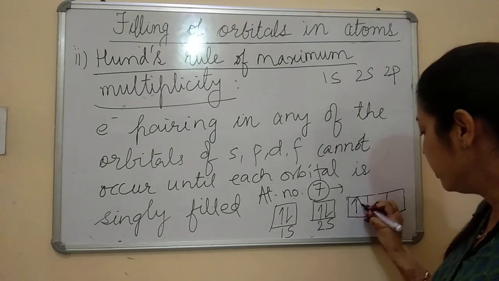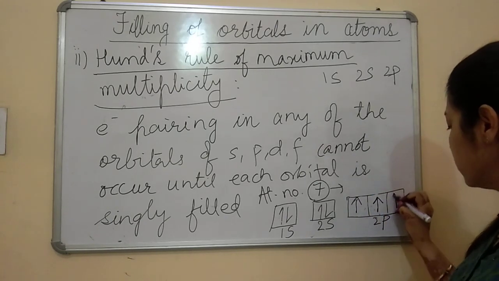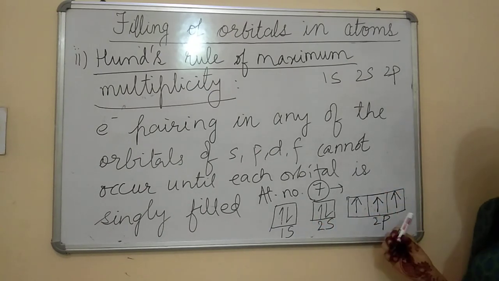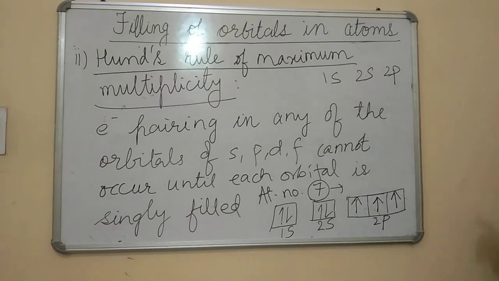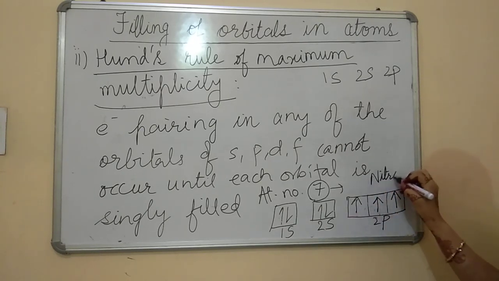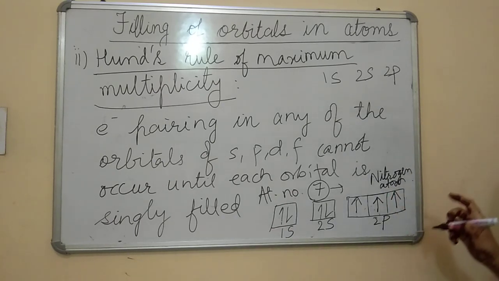So 5 6 and 7. This is how I am going to fill these orbitals, and that is Hund's rule of maximum multiplicity. This is the 7-electron case, and it is for the nitrogen atom. This is how we fill the orbitals in increasing order of their energies.